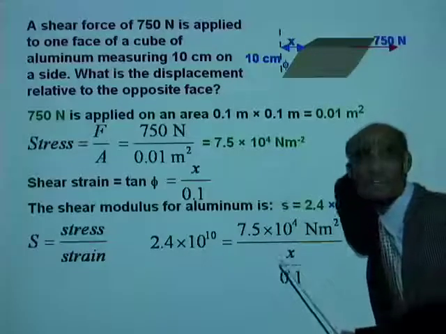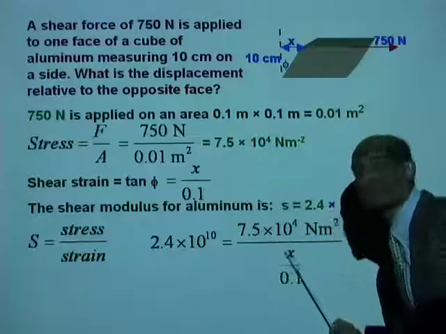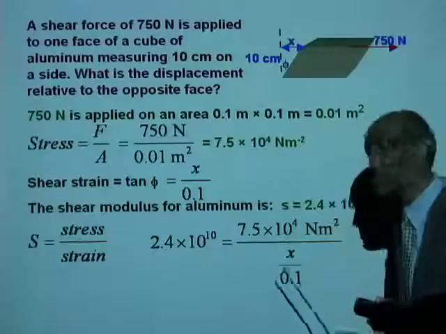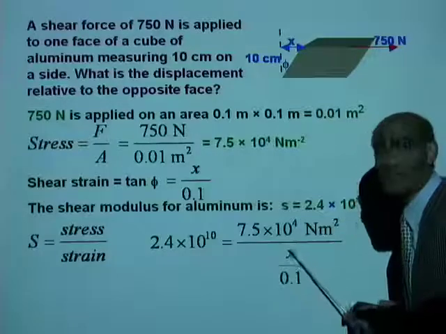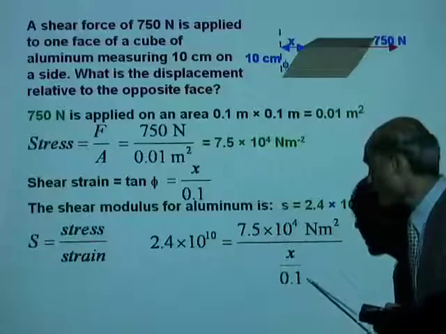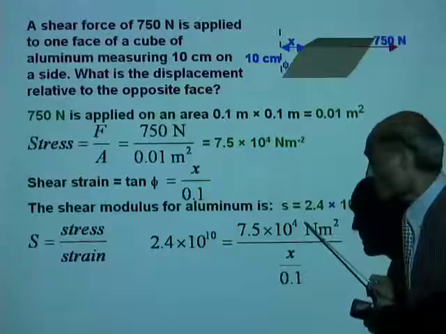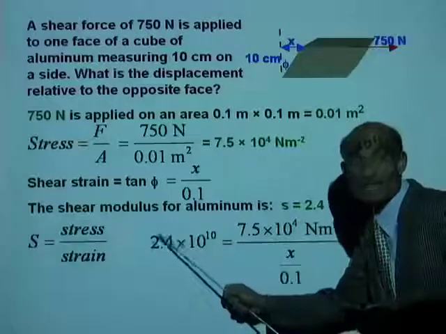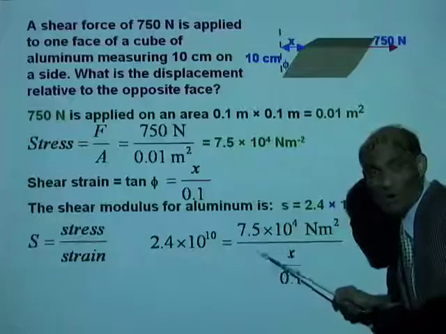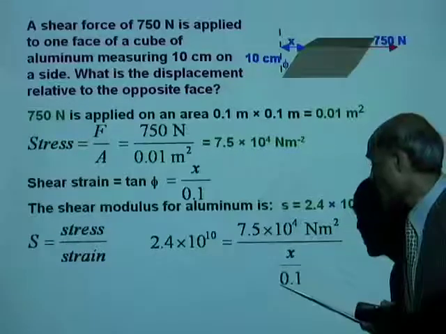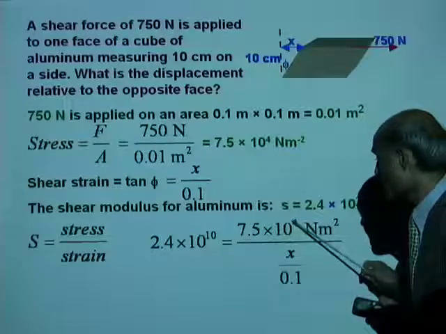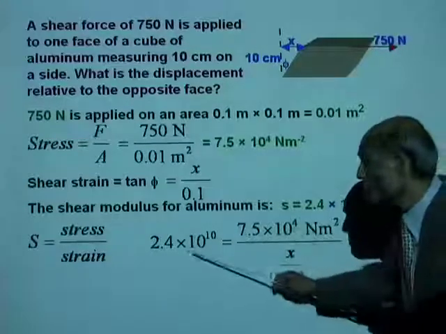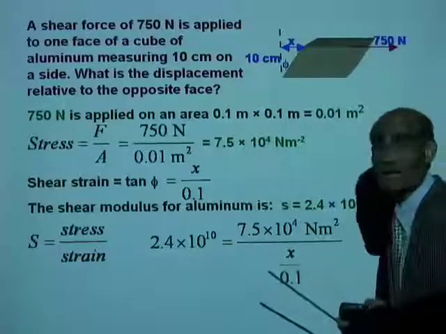Okay, can you give me what x equal to in this case? If you understood the way we solved for delta L in the previous problem, you can tell me how to solve for x here. You can see this 0.1 will go up. And if you want to solve for x, this x can be taken to the left and this quantity can be brought to the denominator. So my numerator will be 7.5 times 10 to the 4 times 0.1, and the denominator will be 2.4 times 10 to the 10.